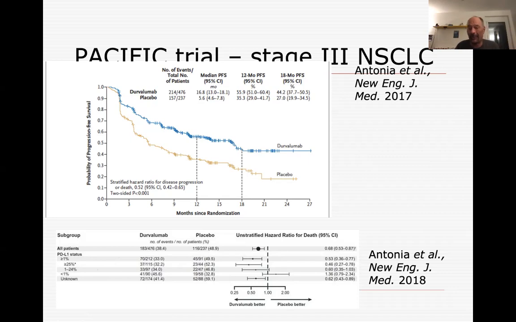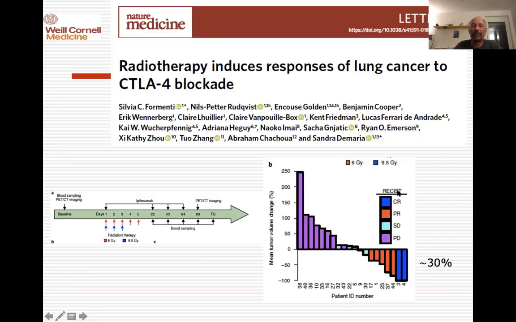Not all of them, unfortunately, express it. But for those tumors that express it, the durvalumab was effective, which makes perfectly sense in a way. So you see, this is now a hazard ratio. We will discuss medical statistics later in the course, so you will understand better this kind of plots.